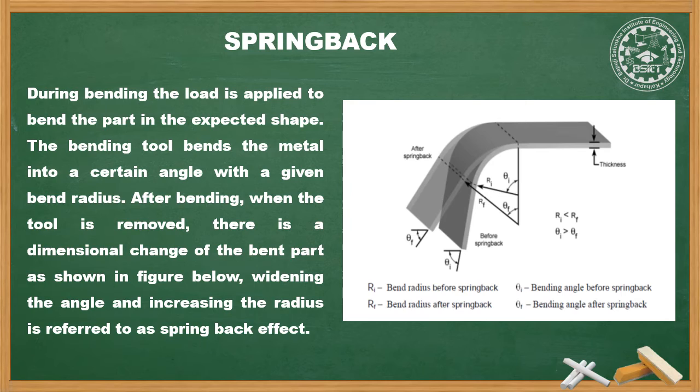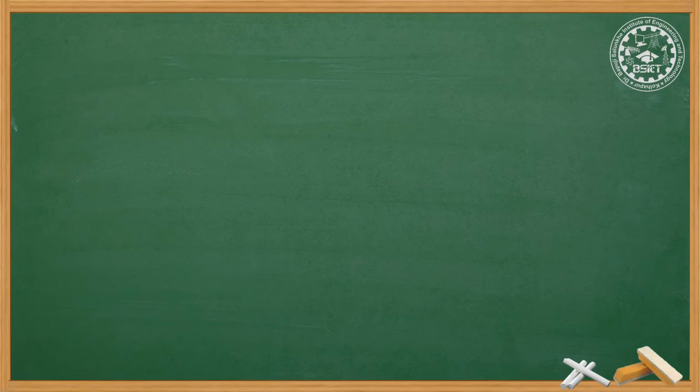The factors affecting the spring back are many, such as yield strength, Young's modulus, strain hardening exponent, strength coefficient, sheet metal geometry, thickness, width, tool dimensions, punch travel, punch velocity, etc. Spring back ratio.